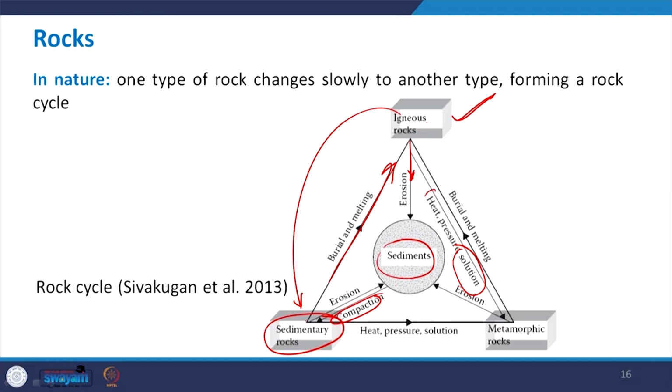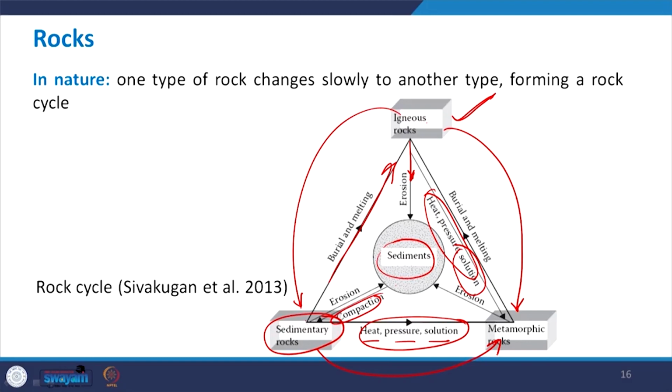So upon the application of these agencies, this igneous rock will get converted to metamorphic rock. Come here again, if you have a sedimentary rock and if that sedimentary rock again undergoes these agencies like heat, pressure and solution, then this sedimentary rock can be converted into this metamorphic rock.